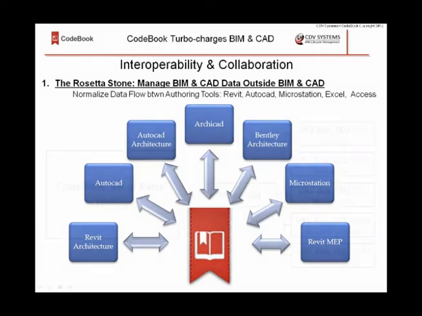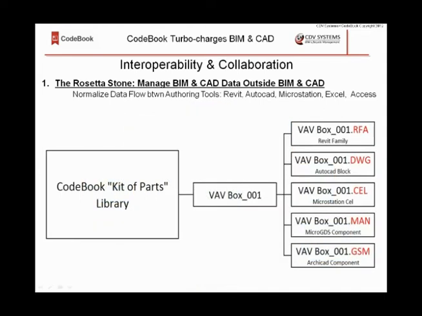To further describe CodeBook in terms of the library, we call it the kit of parts. If you have a piece of equipment, let's say a VAV box, that has all kinds of data information in it, you then can link it to a Revit model and have that particular Revit family as a VAV box tracked inside of CodeBook.